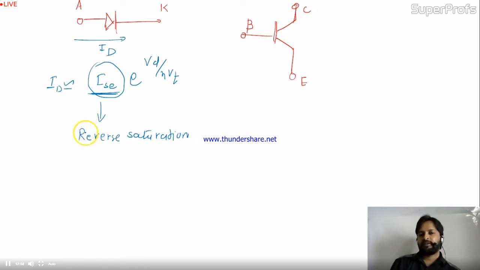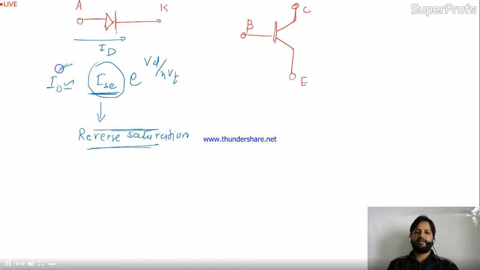The reverse saturation current flows when you connect the diode in reverse bias. In reverse bias there will be no current in the circuit, but due to minority carriers and temperature effect, you get some very minute current over there. That is the reverse saturation current.